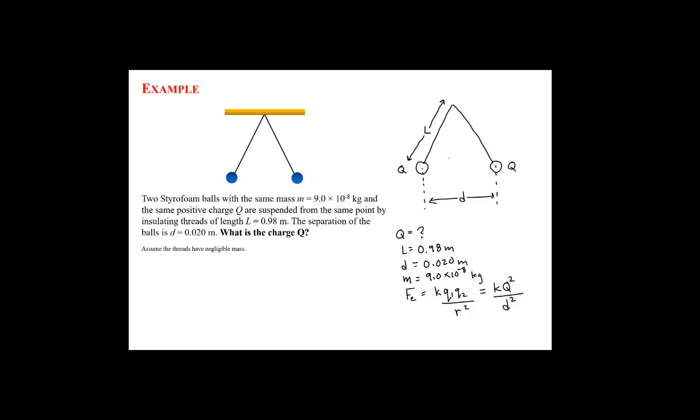Since these are both positively charged spheres, they're going to repel each other electrically through the Coulomb force. So I'll illustrate that on each particle, and I will go ahead and label these forces F sub E. Now, each particle has a mass, which means there is a force of gravity on each particle, which I will label F sub G, and we know that is the mass of each particle times the free fall acceleration of gravity.